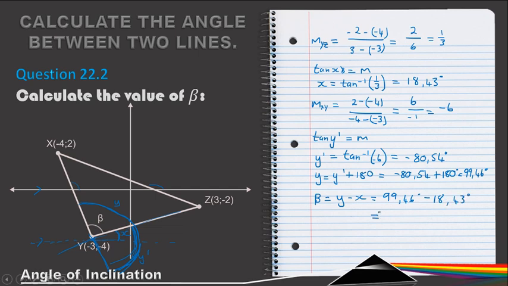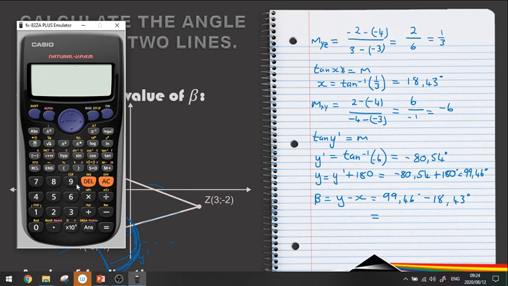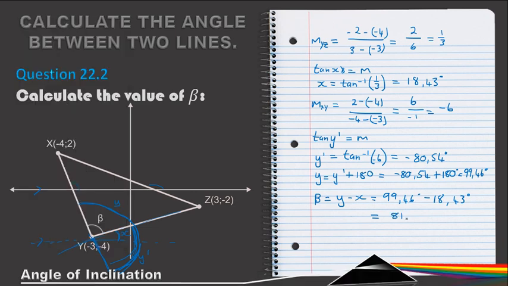So that is equal to 99.46 minus 18.43, and that's equal to 81.03. All right, then we're done.